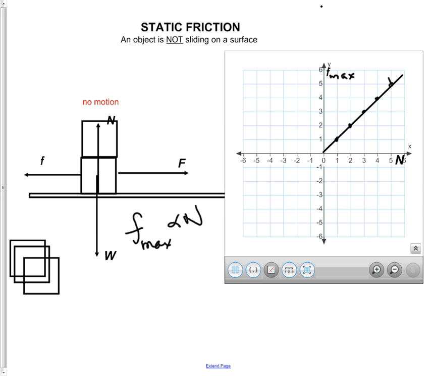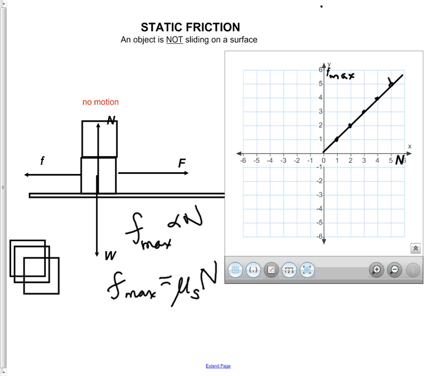The most friction I can get is proportional to the normal force, and so F max is equal to some constant mu sub s times n. Mu sub s is called the coefficient of static friction. It's always a little bit bigger than the coefficient of kinetic friction.